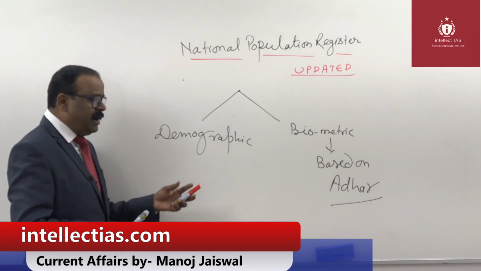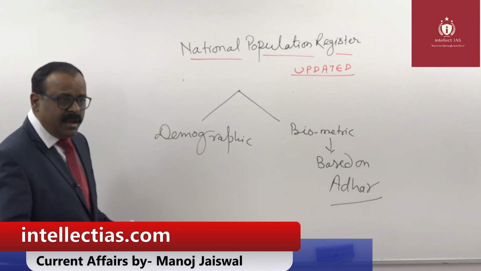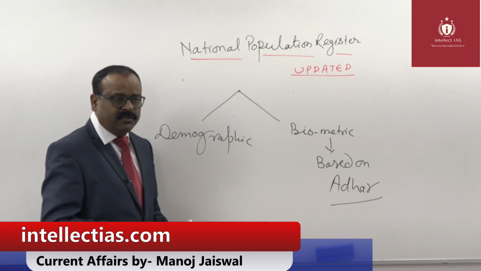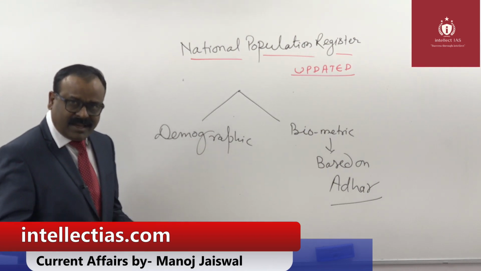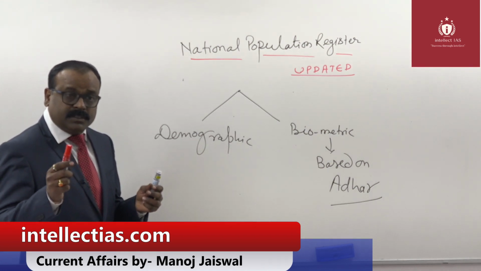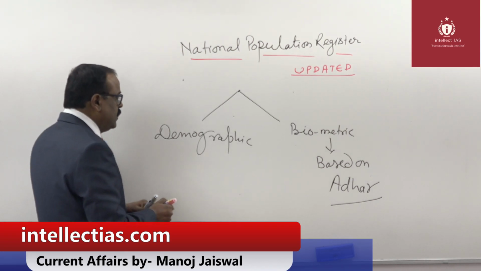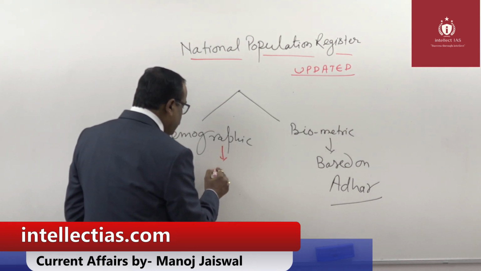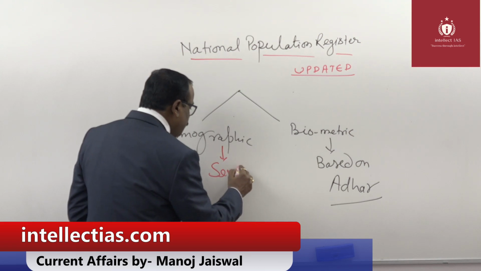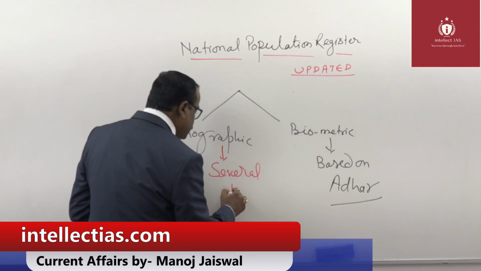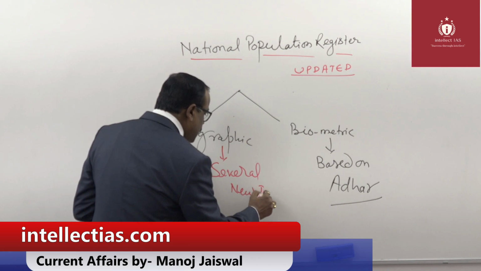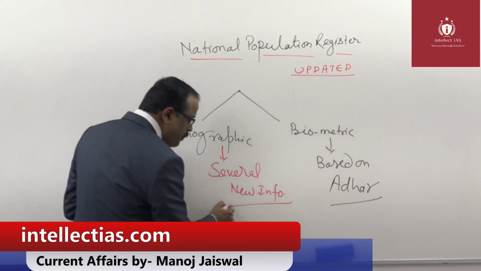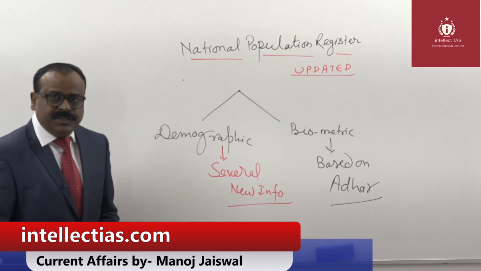Secondly, the demographic data is collected, as we know also, the demographic data is collected for the census also, but there are several new informations being asked by the officials.